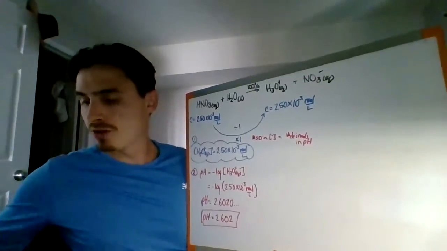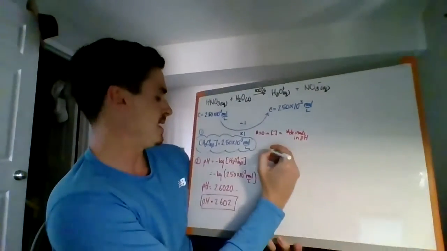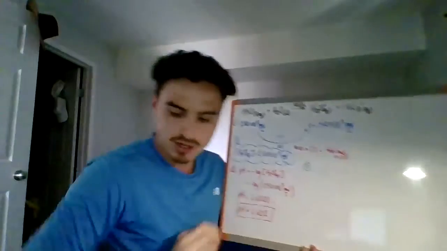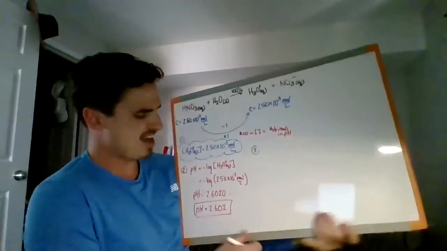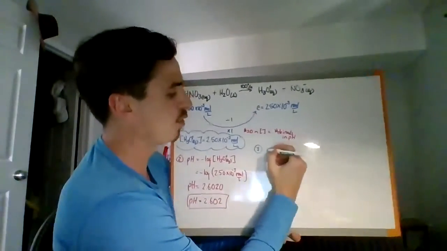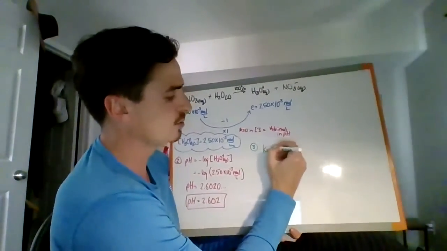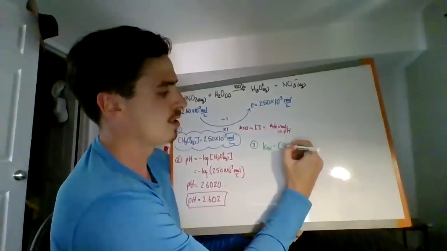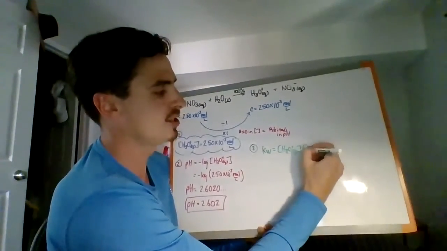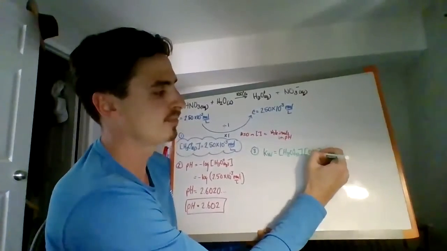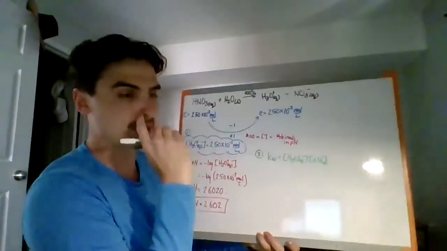Now, the third thing that we can do, guys, is we can calculate the concentration of hydroxide. Well, how can I do that? I have pH. I just introduced to you guys the following formula. For any solution, the concentration of hydronium times the concentration of hydroxide is equal to Kw.